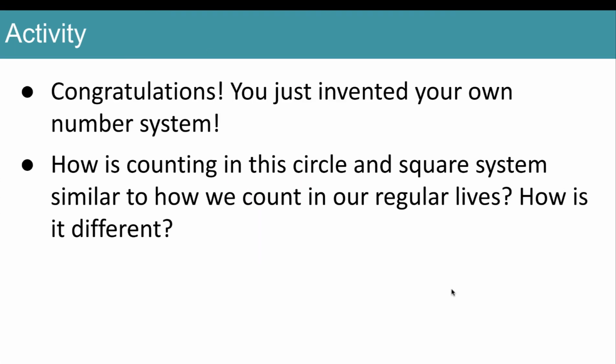So welcome back and congratulations, you just invented your own number system. So instead of using the symbols 0 through 9, you created a number system using the symbols for circle and square. And so you were able to see that using only 2 symbols, circles and squares, and 3 digits, you could come up with 8 different patterns.